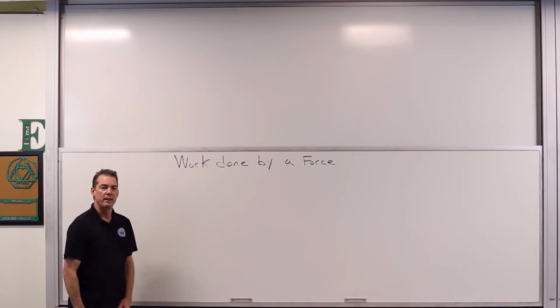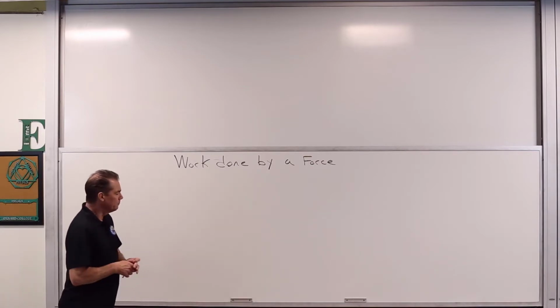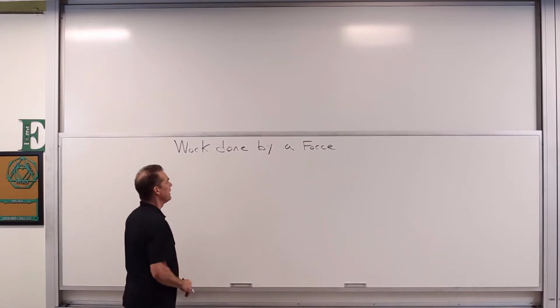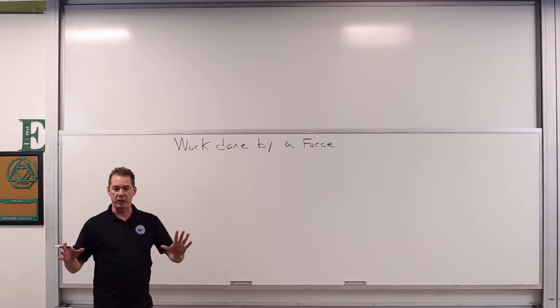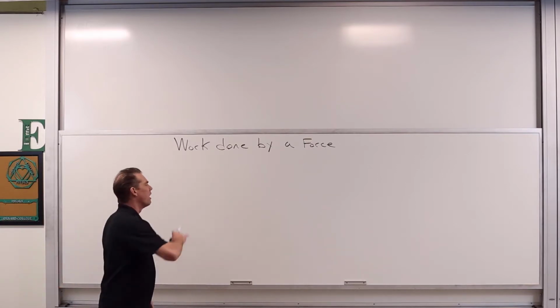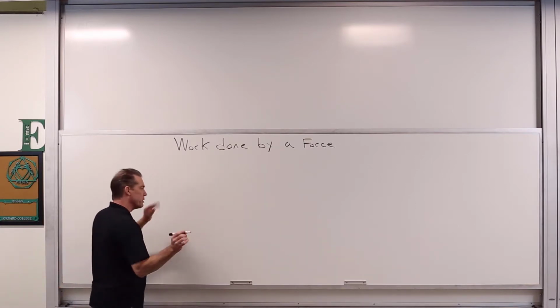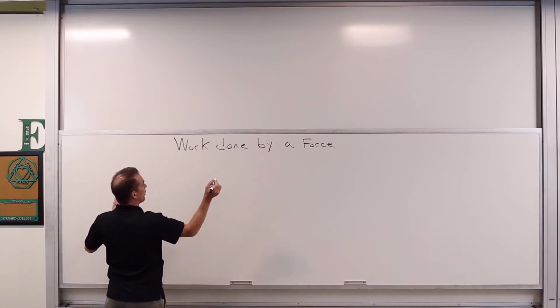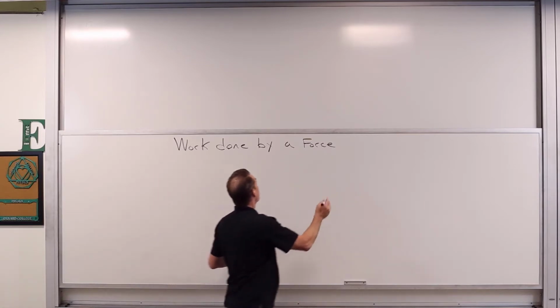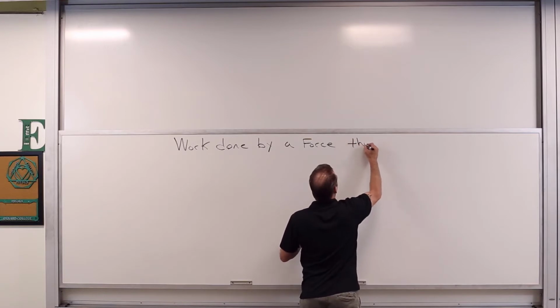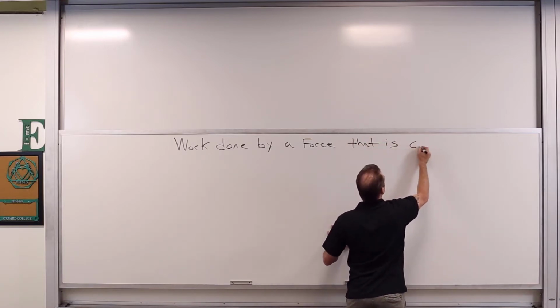So what we want to do is define work. We're going to stick for now with just a constant force. Later on, perhaps we'll deal with some varying forces, but right now, let's just consider a constant force.